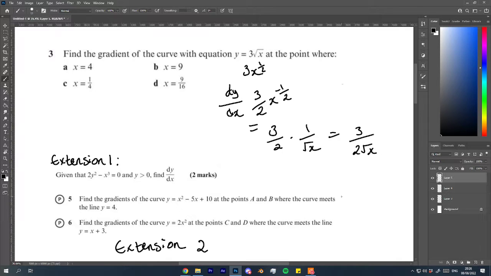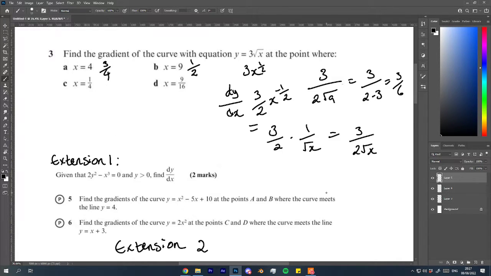Yes. Okay. Next, I put the number into x, and I get, first one's going to be 3/4. B is going to be 1/2, or 3/6.